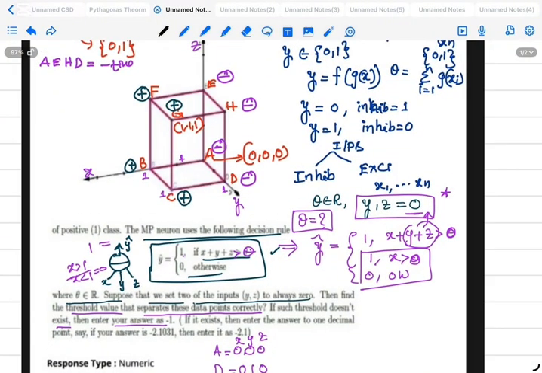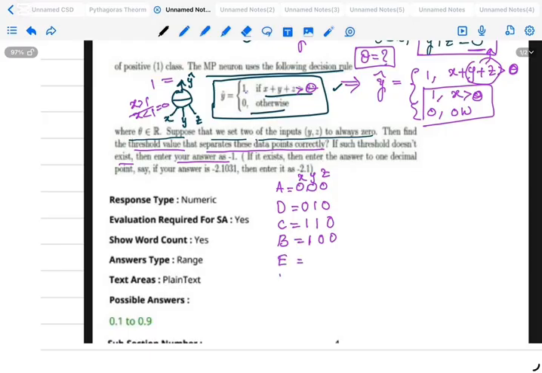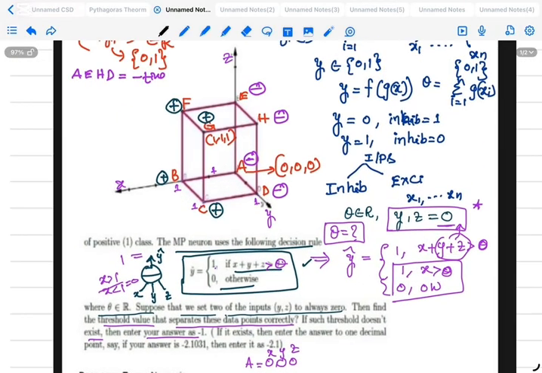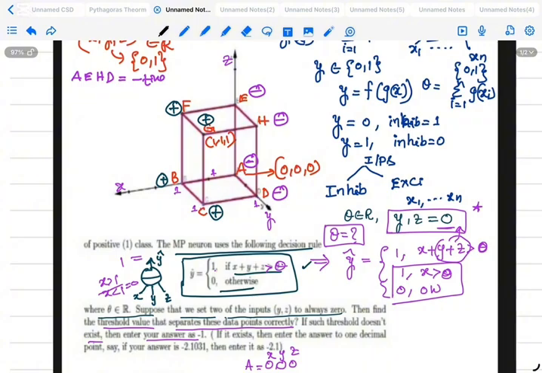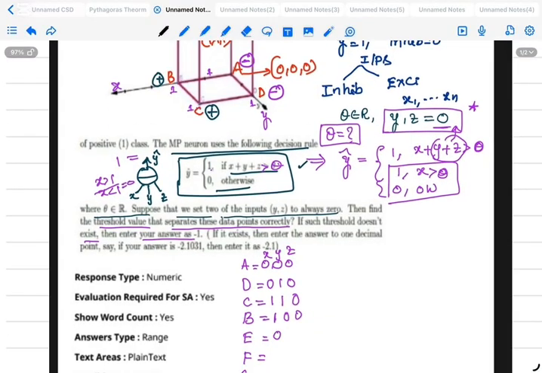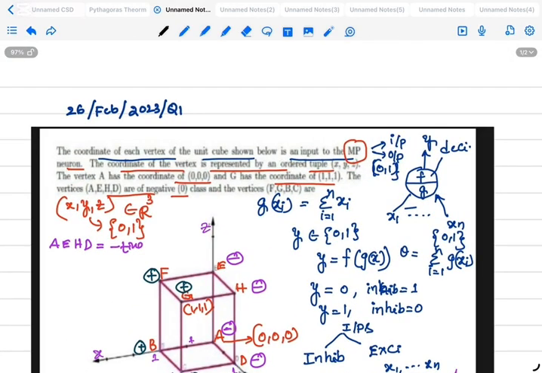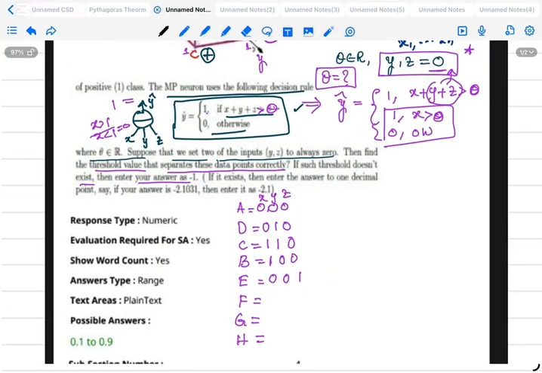Next data points E, F, G and H. So E is on the Z axis, only the Z coordinate equals 1, rest all 0, 0, 0, Z equal to 1. And F is on the XZ plane, so X and Z values are 1, rest is 0.